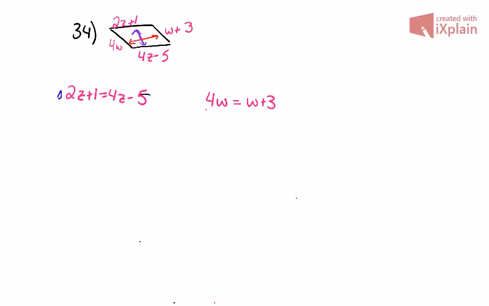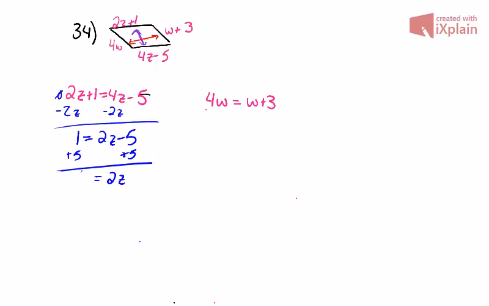So if I start over here, I'm going to subtract 2z from both sides. And I will get 1 is equal to 2z minus 5. And then I'm going to add 5. And I will get 2z is equal to 6. Divide by 2, and we get that z is equal to 3.